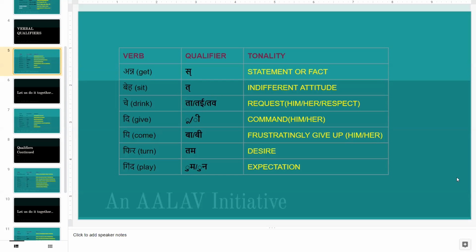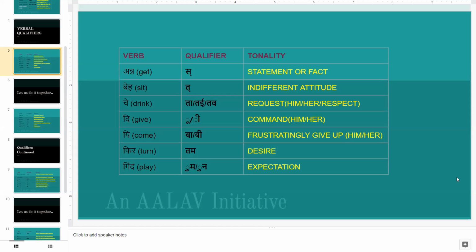I'm just adding these qualifiers at the end of the verb an. So what does that tonality give you when you add the s qualifier to the verb? It gives a statement or a fact. Somebody says, you want to have Maggie, so you ask him, hey, Maggie, answer. So that means a statement or a fact. Please give it to me.